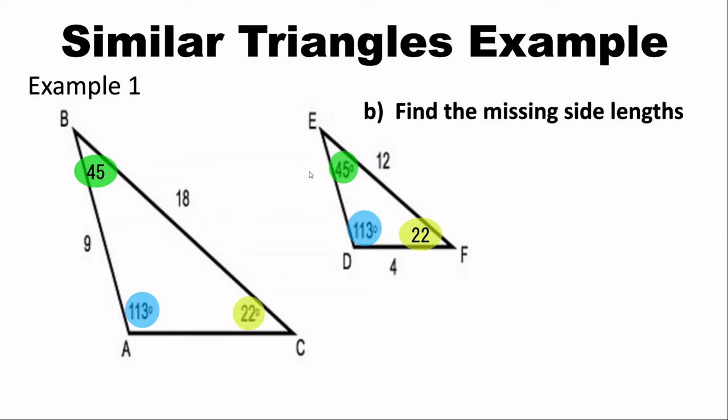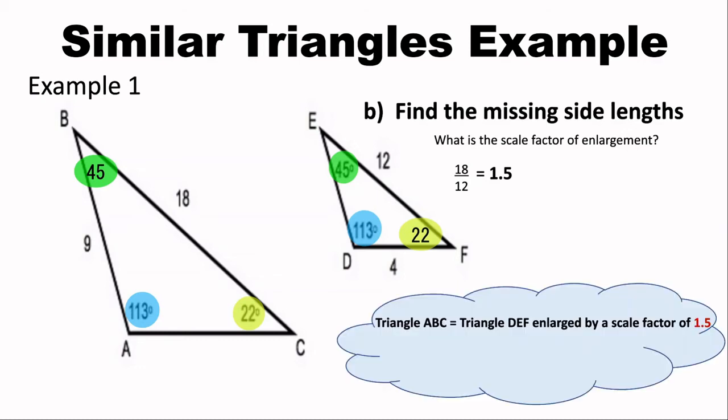So if these two side lengths correspond, I can write a fraction of either 18 over 12 or 12 over 18 and work out my scale factor of enlargement. So let's do that. 18 over 12, which is 1.5, must be my scale factor of enlargement. What that means is that triangle ABC is an enlargement of triangle DEF by a scale factor of 1.5.